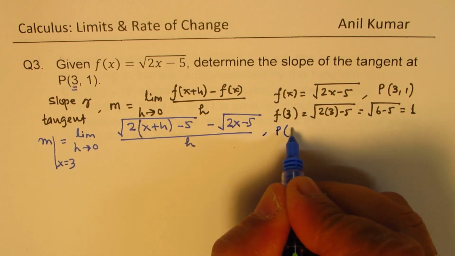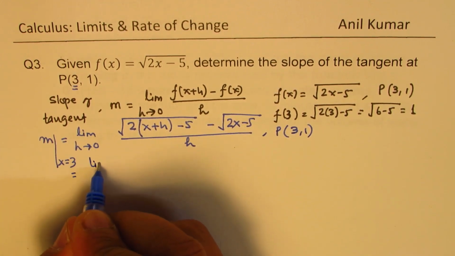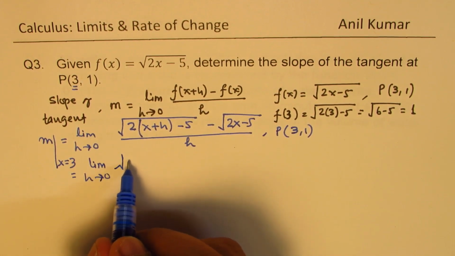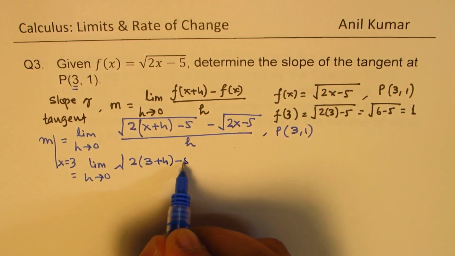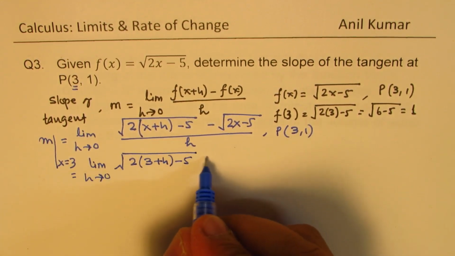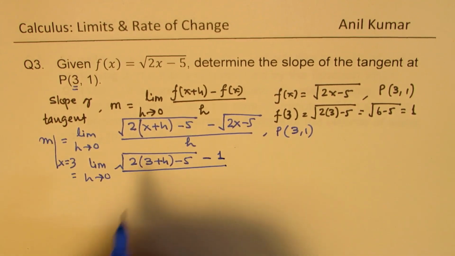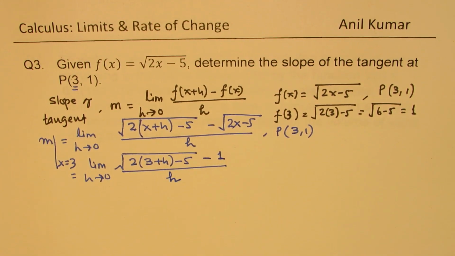Now we'll substitute P 3, 1 in our equation, right? So we can write this as limit h approaches 0 square root of 2 times 3 plus h minus 5 minus, this value is 1 given to you. At 3 it is 1, over h. Is that clear to you? Let's open the bracket and simplify.